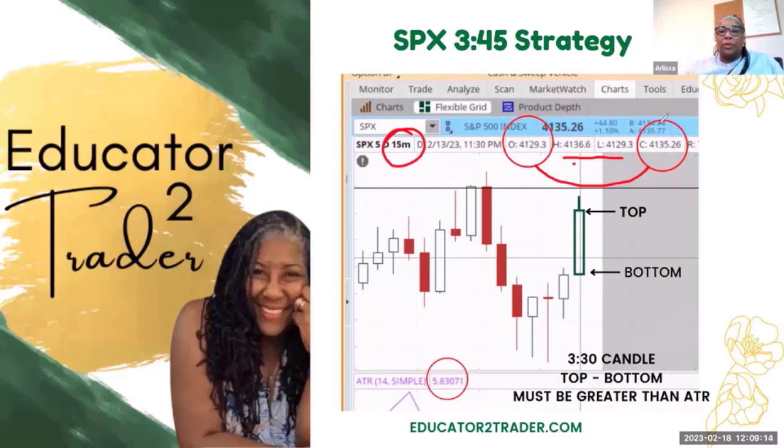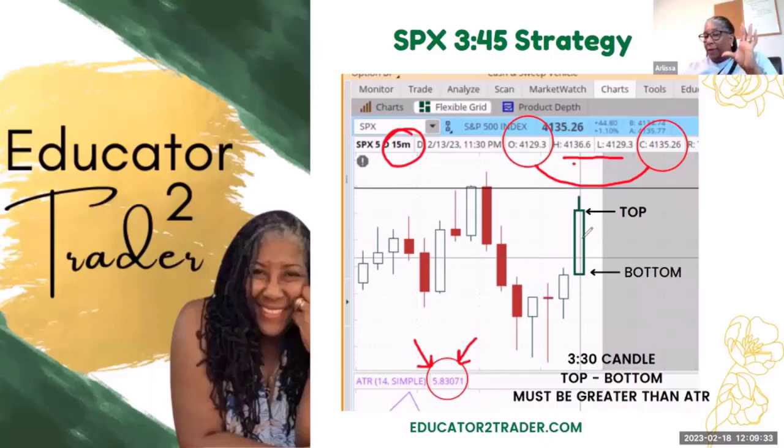The difference between the open and close, 41.3526 minus 41.29.3, gives us about 6. The ATR down here for this same 15-minute time frame is 5.8. So in this case, this would potentially meet the strategy.